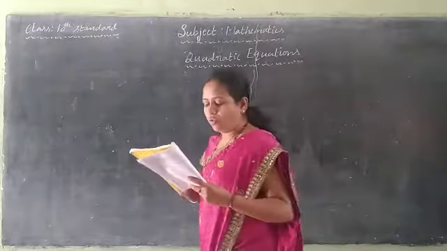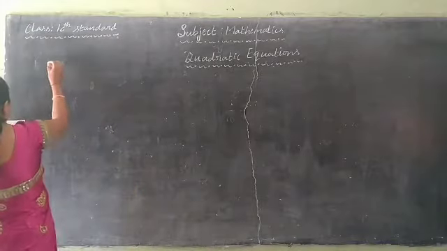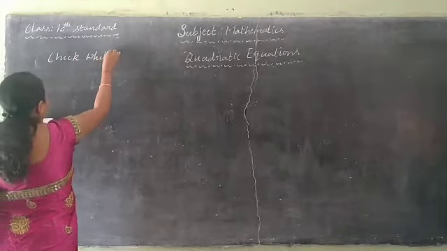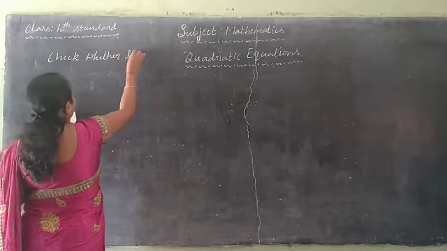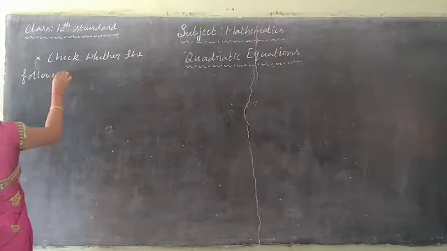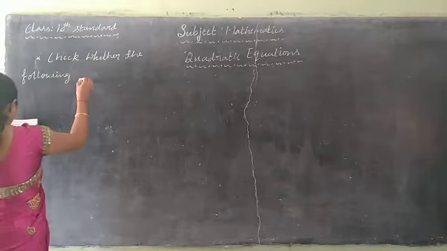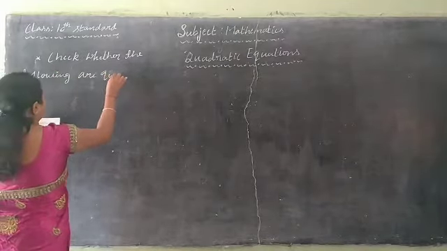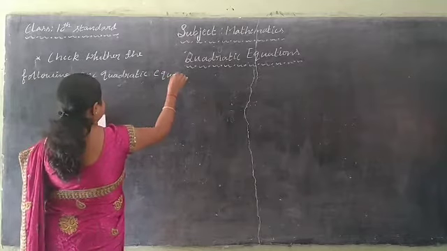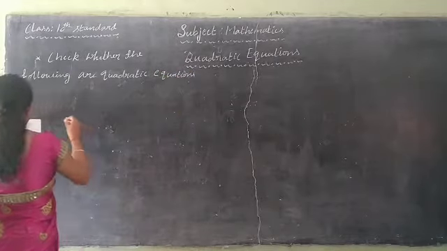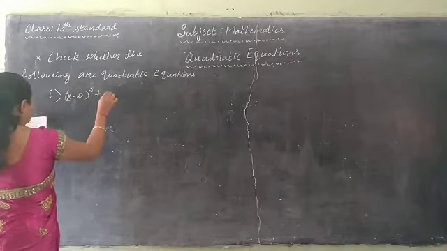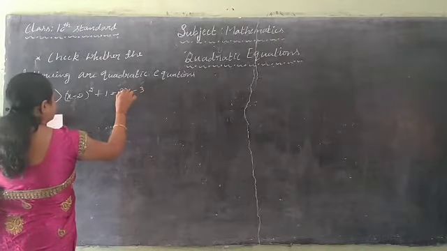See, check whether the following are quadratic equations or not. x minus 2 whole square plus 1 is equal to 2x minus 3.